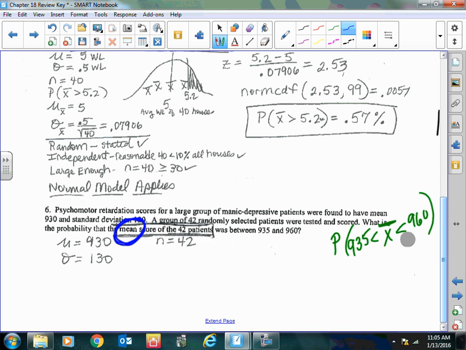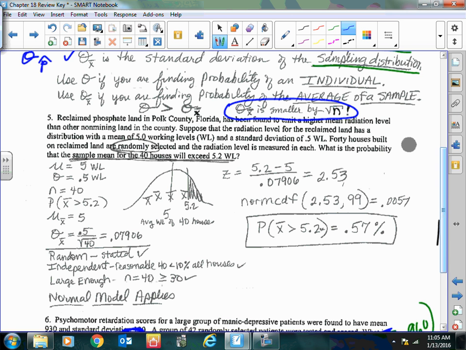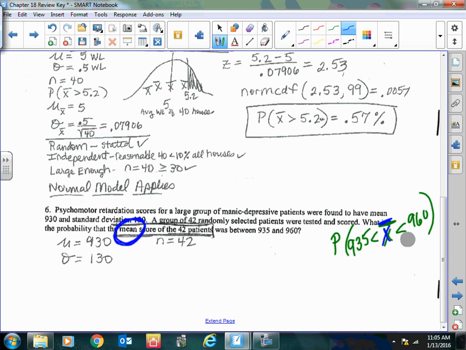Do you see how I wrote this here? What's the probability that X bar, not just one item but a whole sample average of items, is between 935 and 960? This problem is not asking what's the probability that one item is between 935 and 960.